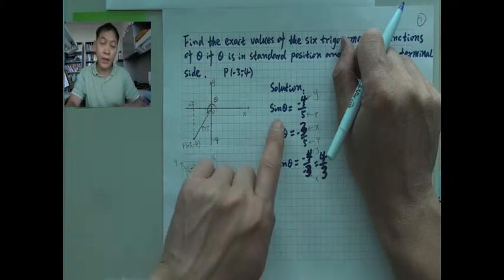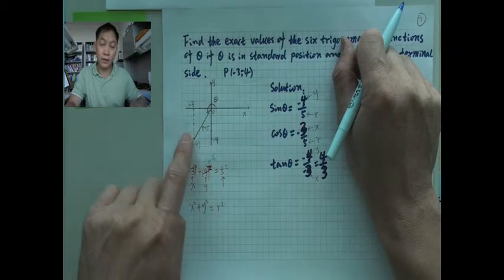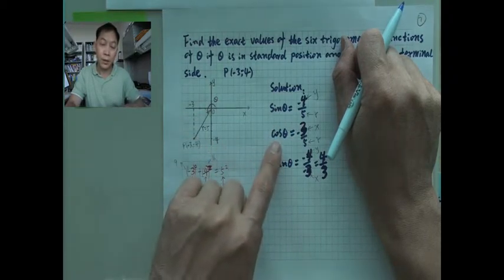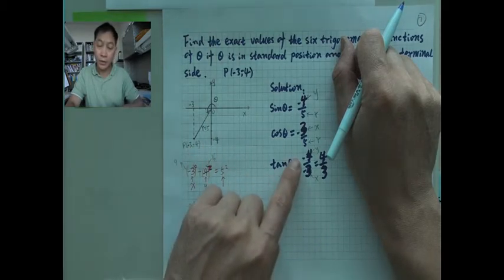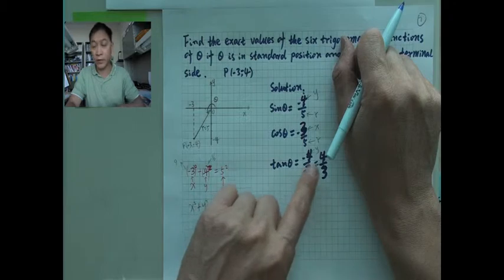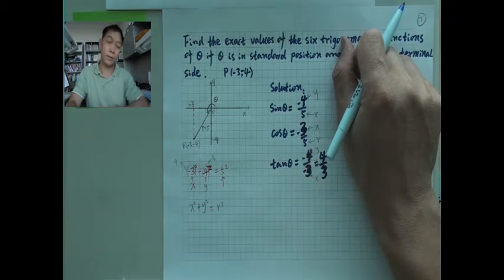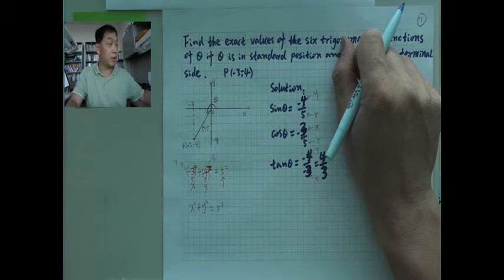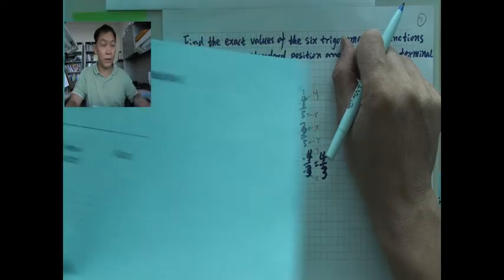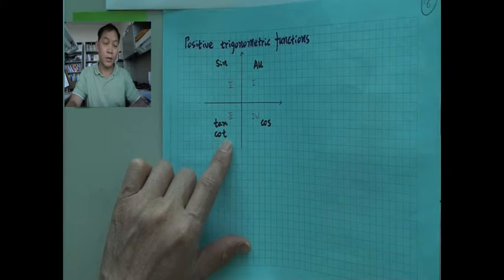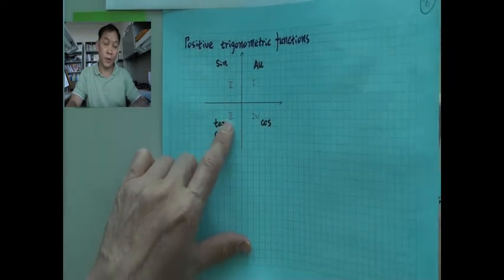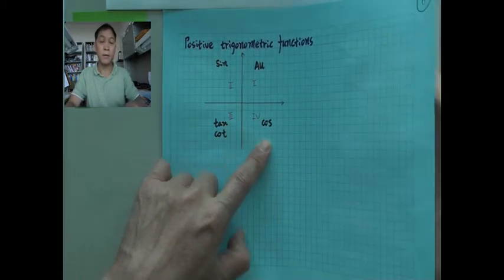You can see right here, sine theta is negative here. Cosine theta is also negative. Tangent is negative over negative, so tangent is positive here. Okay, so then you see down here, we have tangent and cotangent are positive in quadrant 3. Okay?